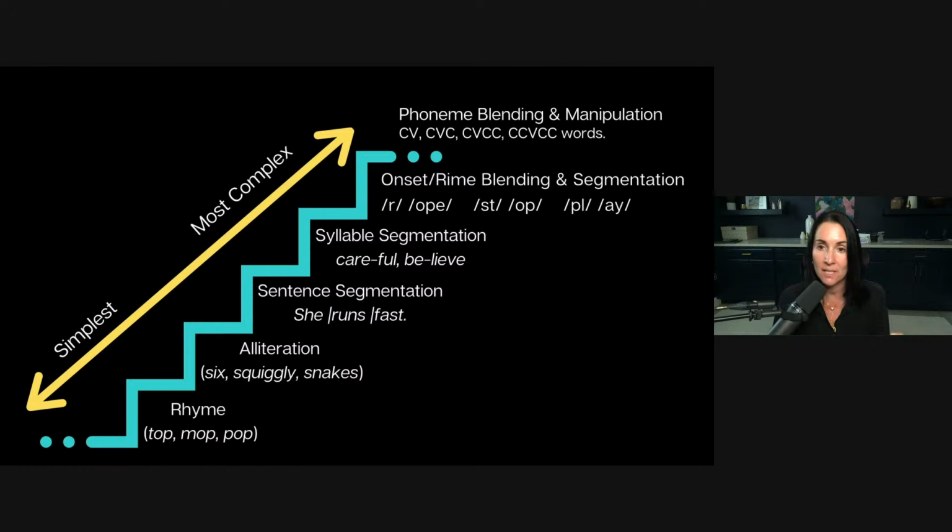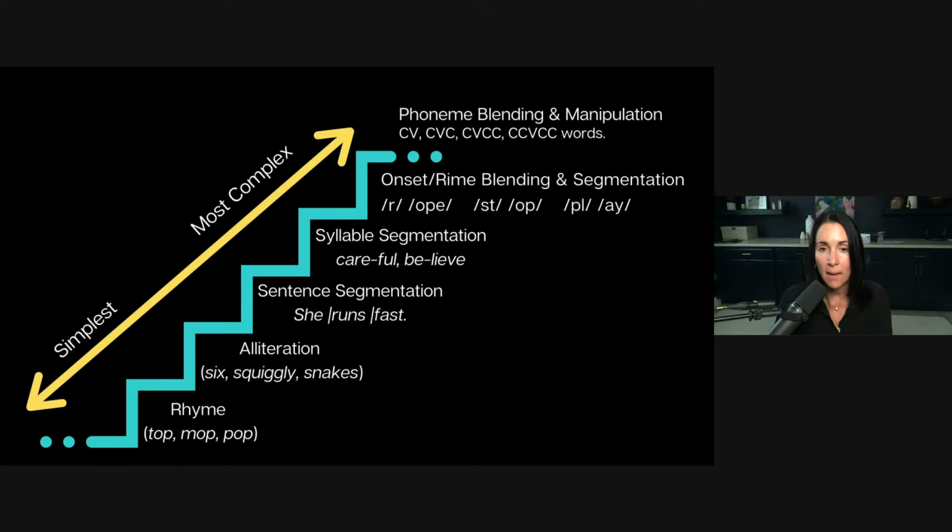Now remember, the onset of the word is the consonant or consonant cluster, like as in rope here. Hopefully you can see that. The r in rope. If it were stop, the onset is st, the first consonant or consonant cluster sound.